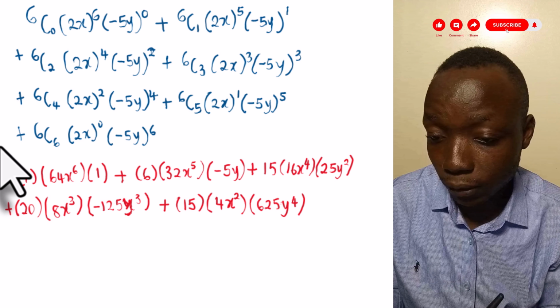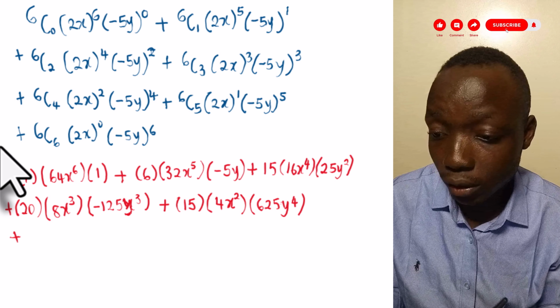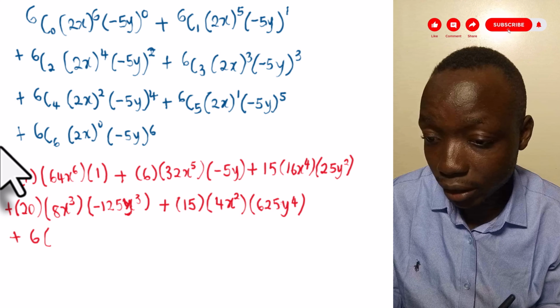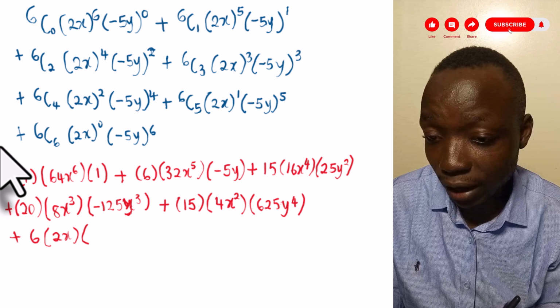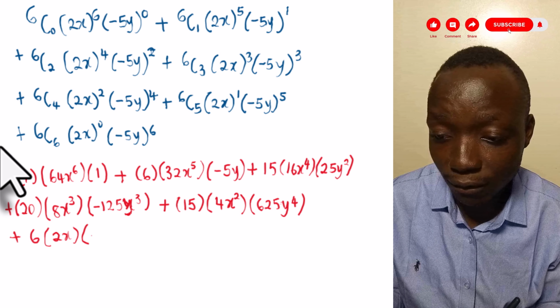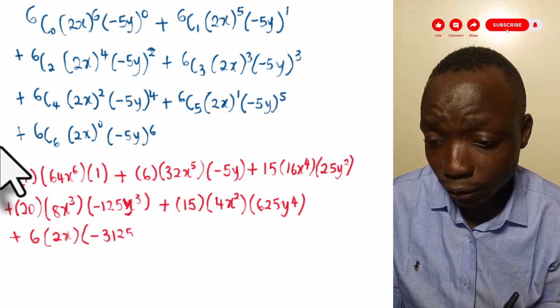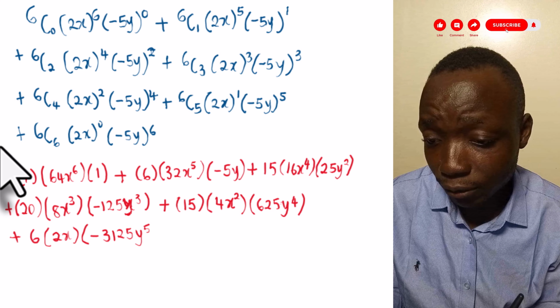Then the next one is going to be 6 combination 5. So plus 6 combination 5 is 6. So you have 6 brackets. 2x raised to power 1 is 2x. And minus 5y raised to power 5 is minus 3125y raised to power 5.